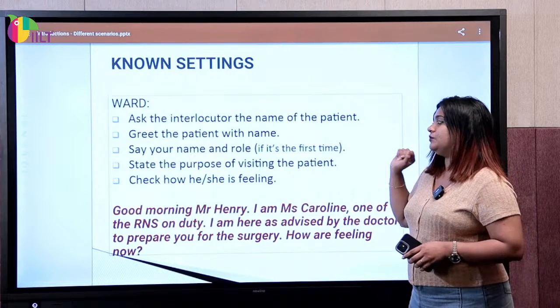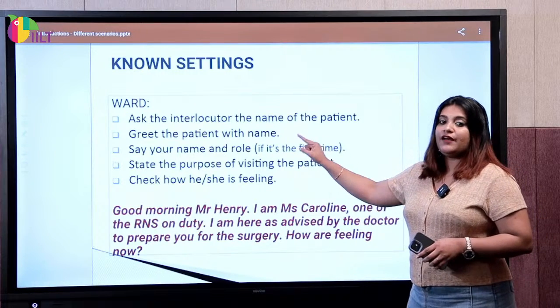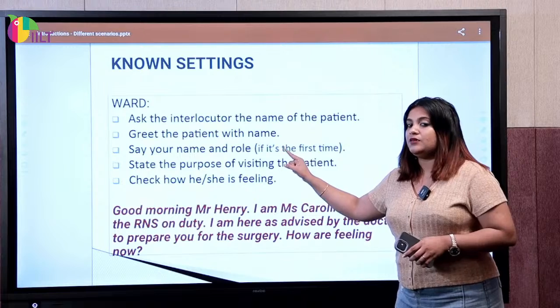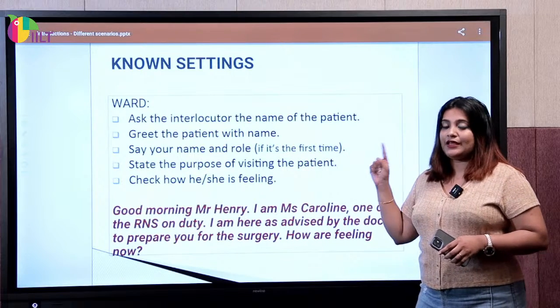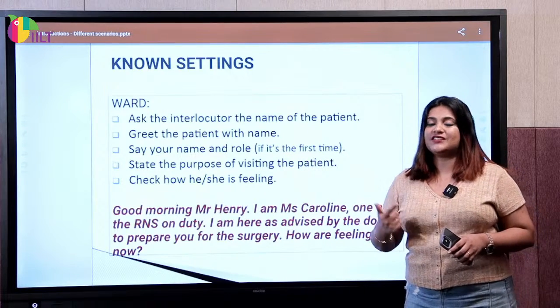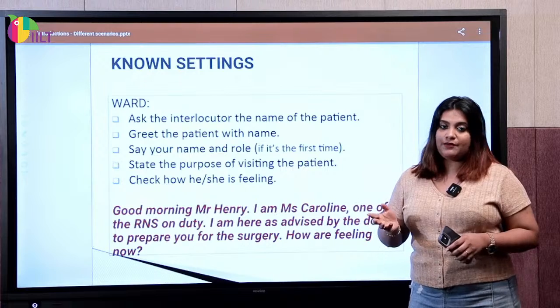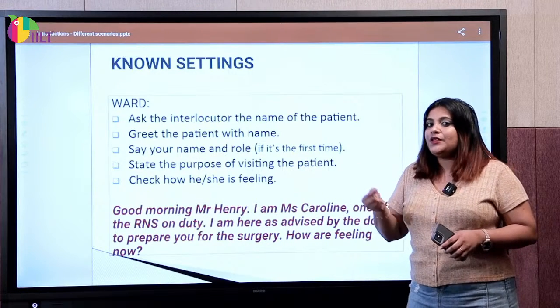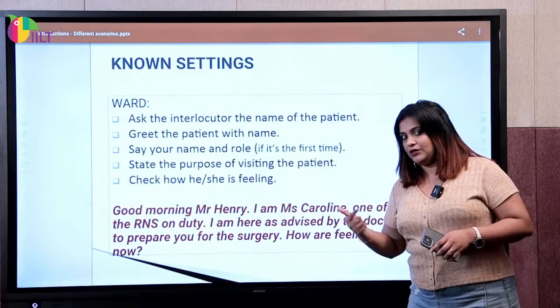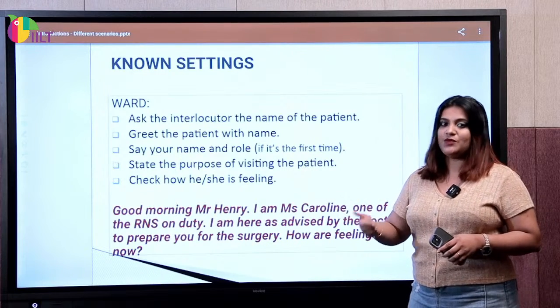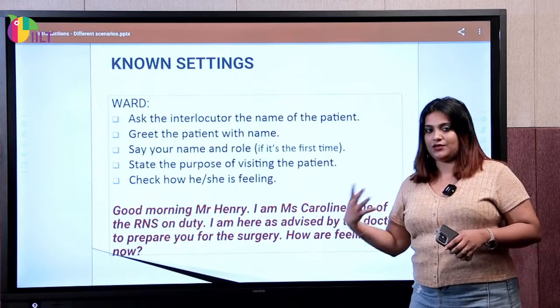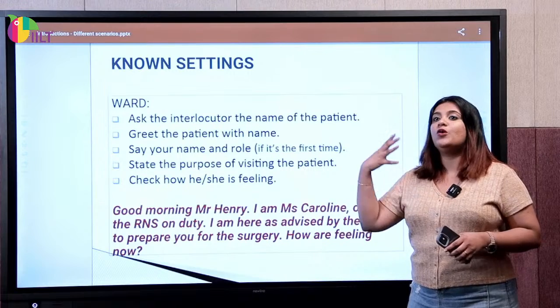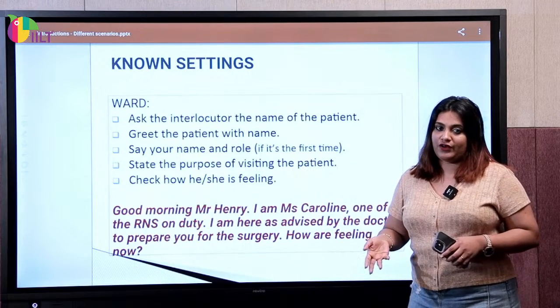Now getting back to your third point. You do not have to introduce your name or your role again and again if you're visiting this patient often. Say for example, it is mentioned that you're there for your regular rounds. That means it is something regular. You're doing it repeatedly, so you do not have to walk in every time and say, hi, good morning, this is me and I'm here to do this. You don't have to repeatedly say that over and over again.